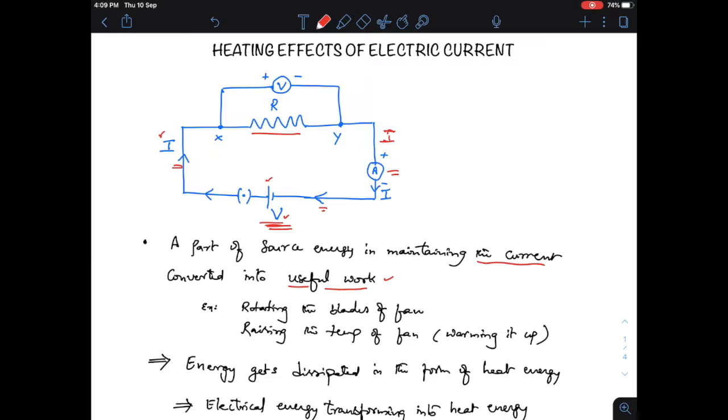For example, let us consider a fan. The source of energy is converting some of the energy into mechanical energy, thereby rotating the blades of the fan.